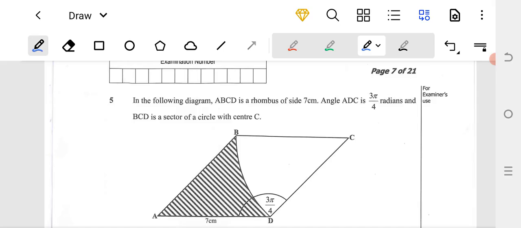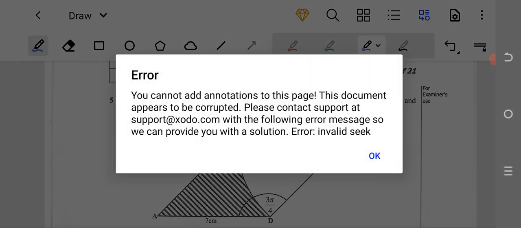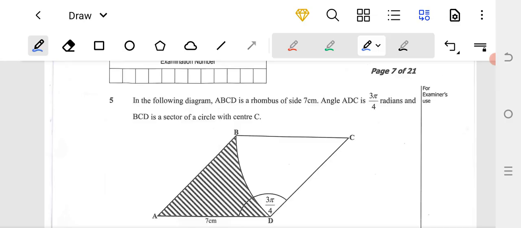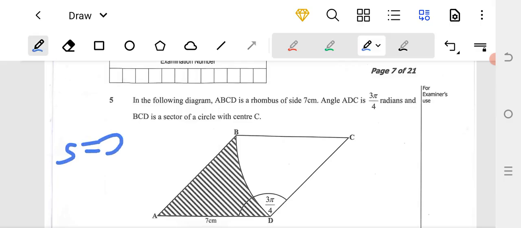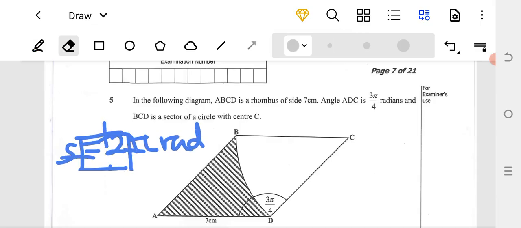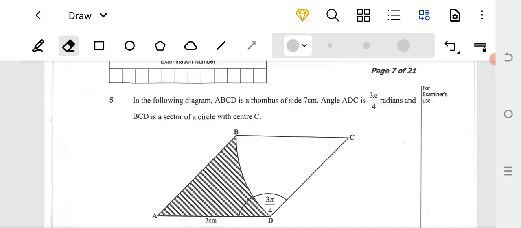Any 4-sided polygon has a sum of angles equal to 2 pi radians. Since this is a 4-sided polygon, the sum of all the angles should give you 360 degrees.